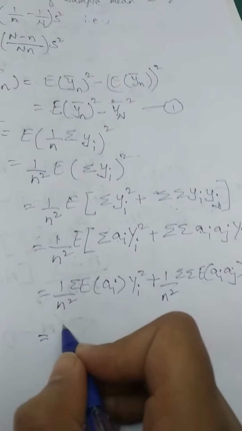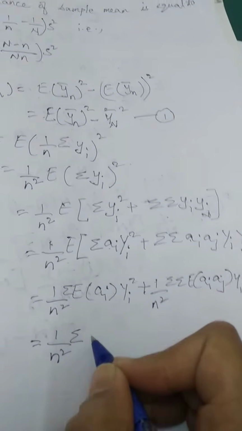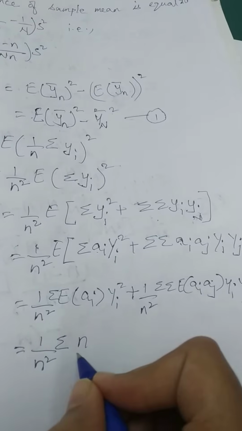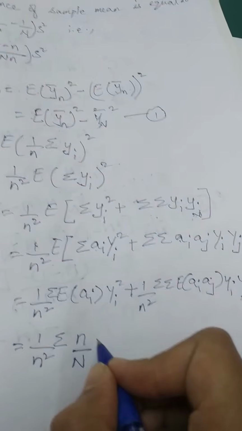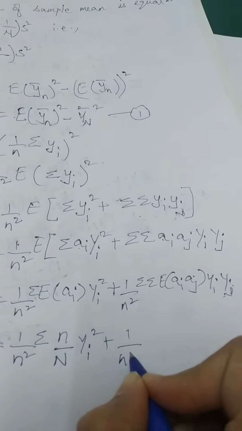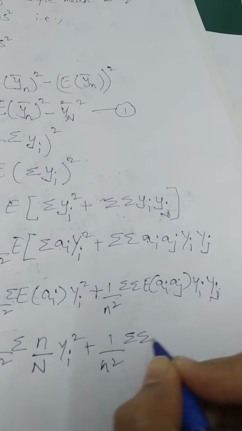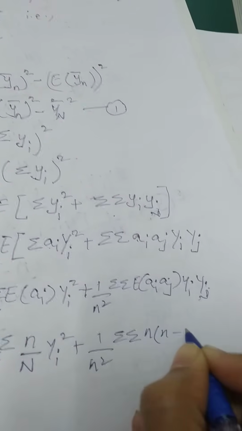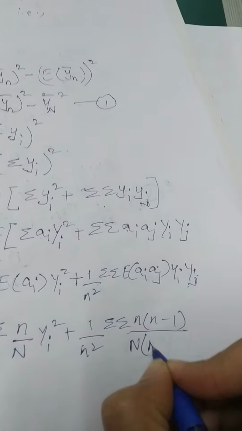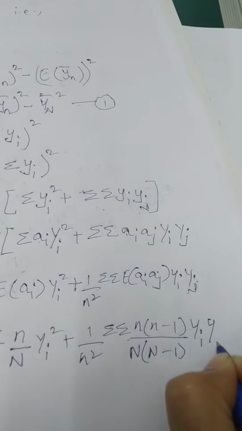Now 1 by n square, to remove the expectation of ai, it is n by capital N Yi square plus 1 by n square, to remove ai and aj, I will put summation n into n minus 1 over capital N into capital N minus 1 with Yi and Yj.